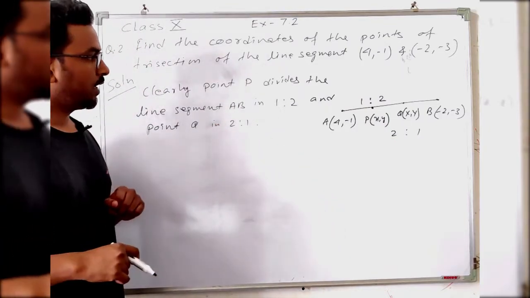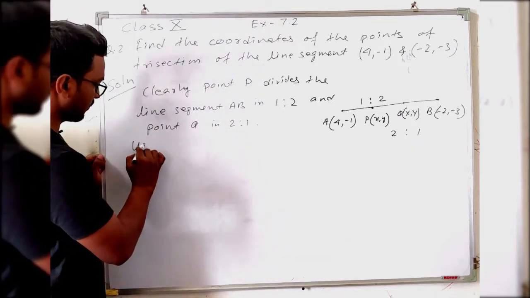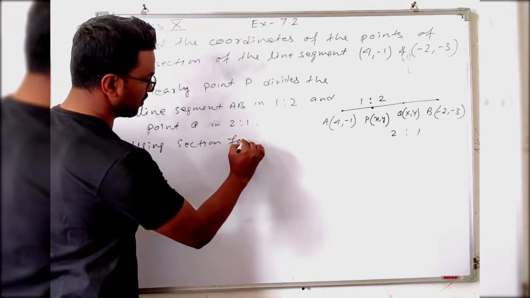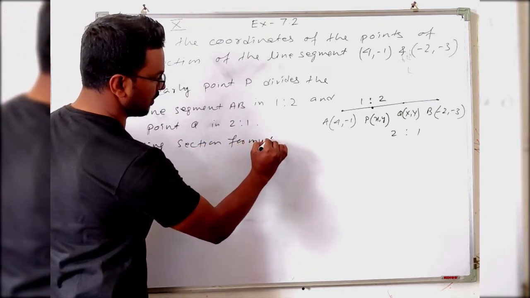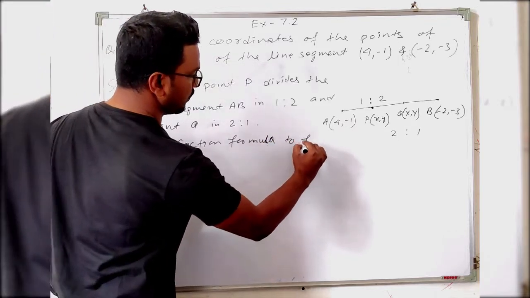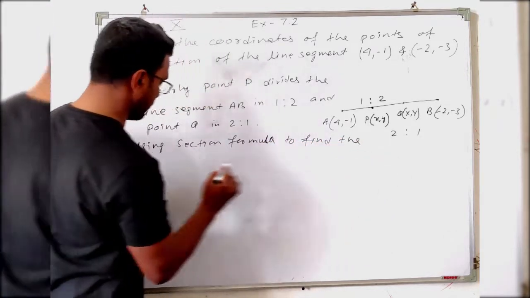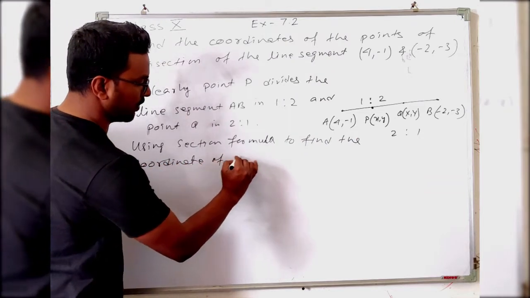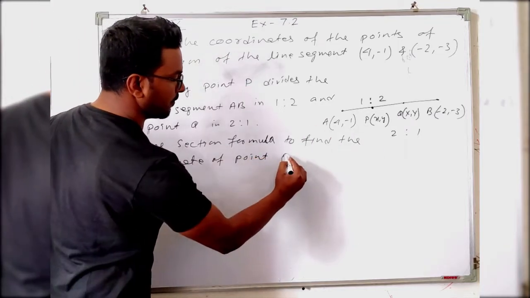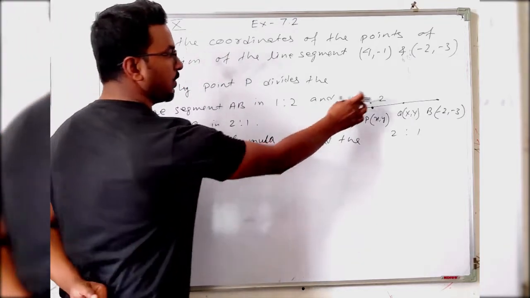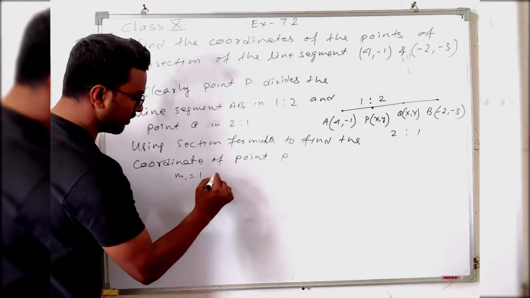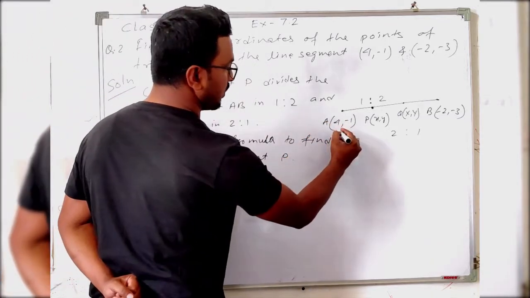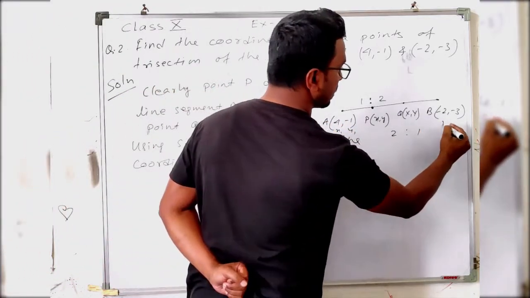Okay, next what we'll do, using the section formula to find the coordinate of point P. So here the ratio is given 1:2, so m1 will be 1 and m2 will be 2, and these are x1 y1, this is x2 y2.